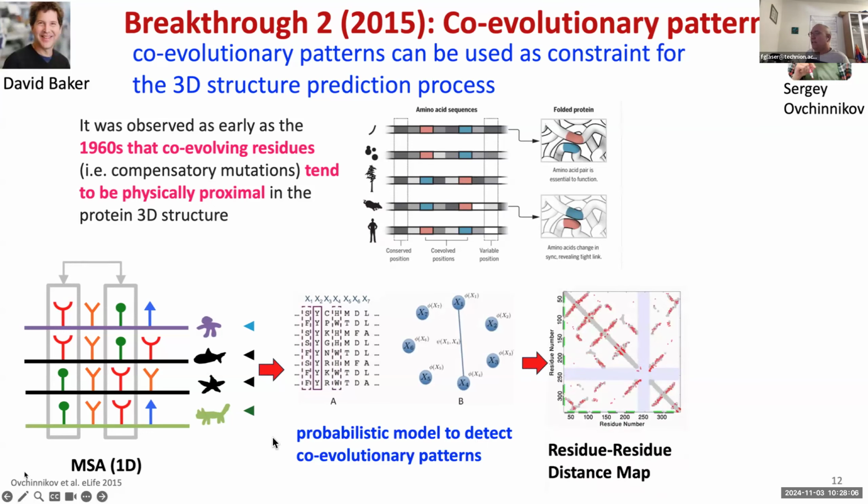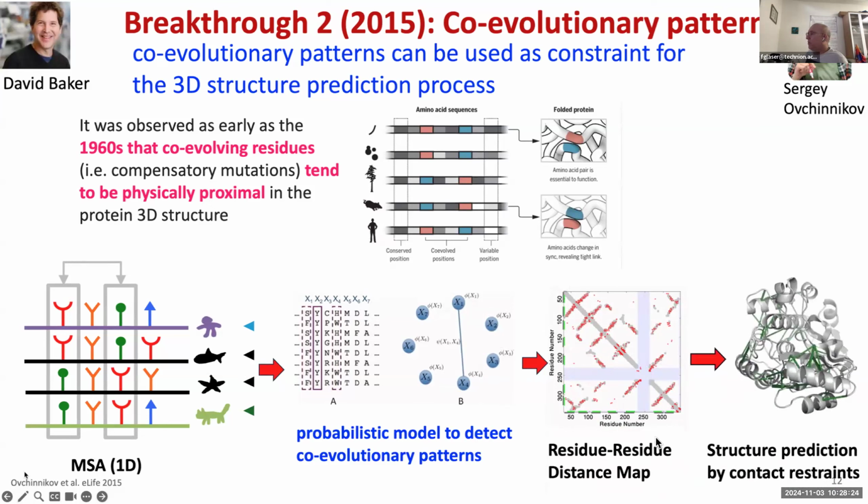From this detection, I could in principle build a residue distance map, so I can know approximately the distance between each pair of residues in a specific protein. That allows me to build a protein structure model by restraining contacts, because I know which residue needs to be close to which residue, and then from here use the fragments again.